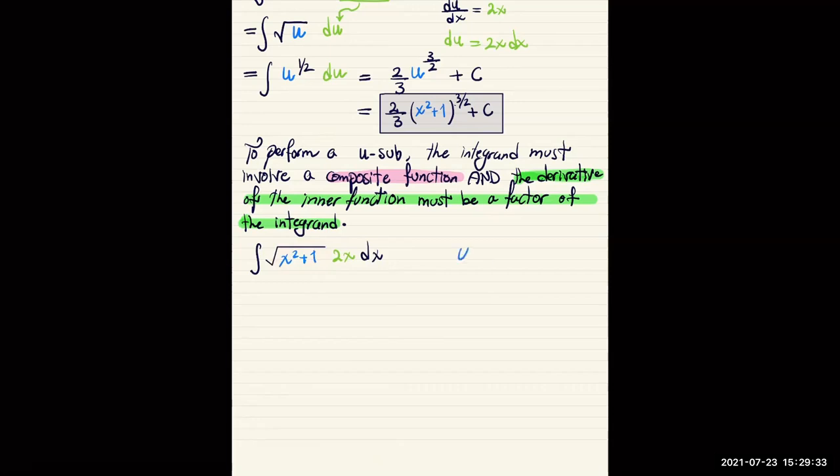So let u equal x squared plus 1, and begin transforming your integral. You get the square root of u.